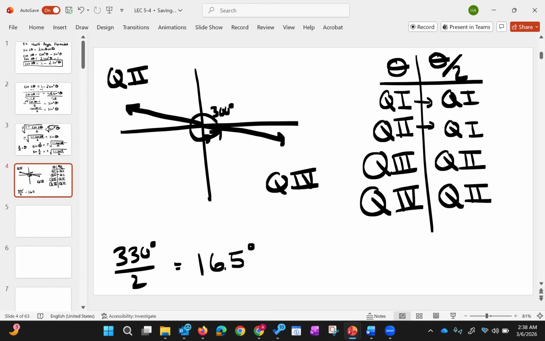Is that right? Just test me here just to make sure. Yeah, 165. So again, if I take an angle called 330, if I take half of that, it will wind up right over here, still in quadrant 2. Okay. Keep that in mind as we're going to do the exercise problem here.